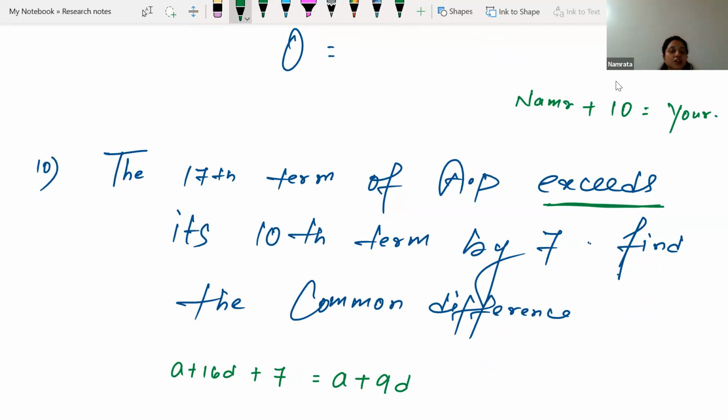Let's say my age is 28 years, and you are in class 10, so I believe your age is 15. The difference between your age and my age is 13 years.